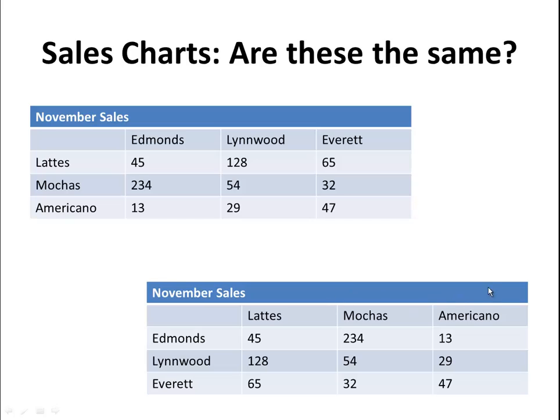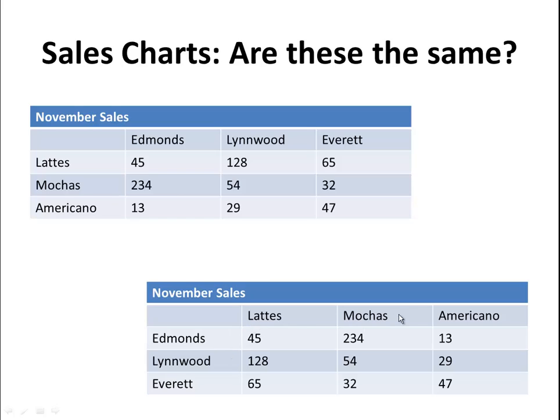Now, let's take a look at these 2 charts. Are these the same charts? If you'll notice, it's all about the heading. What I have here is 3 rows, and I've got my lattes, mochas, Americanos. I've got the type of drink listed here in the row heading, and then in the column heading, I've got my locations. Then when we go to the second chart, I've switched that order around.